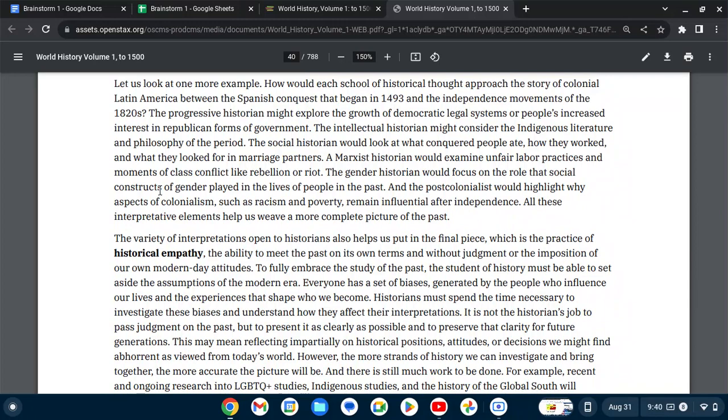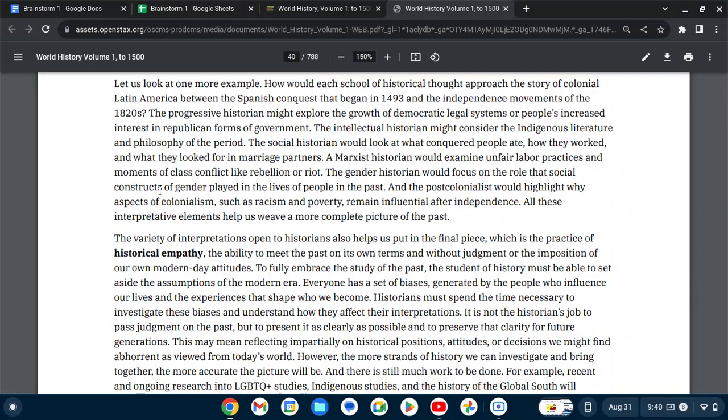The progressive historian might explore the growth of democratic legal systems or people's increased interest in republican forms of government. The intellectual historian might consider the indigenous literature and philosophy of the period. The social historian would look at what conquered people ate, how they worked, and what they looked for in marriage partners. A Marxist historian would examine unfair labor practices and moments of class conflict like rebellion or riot.